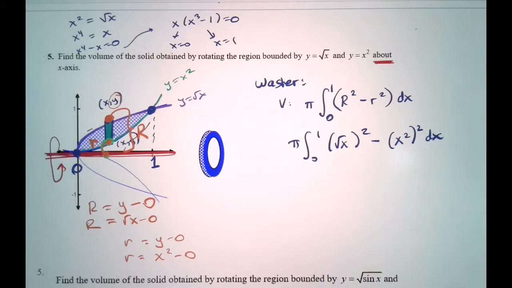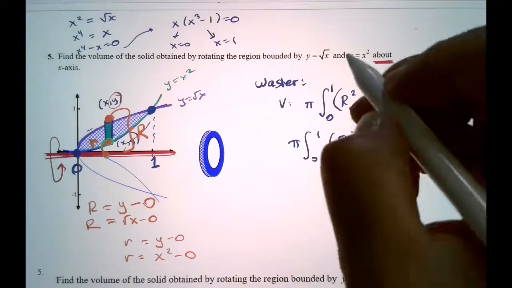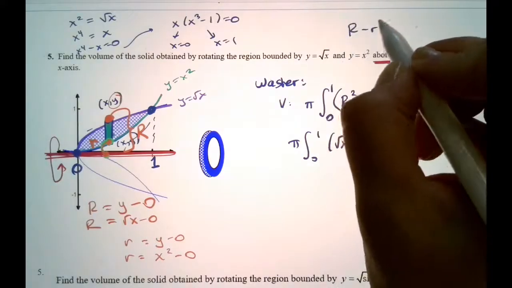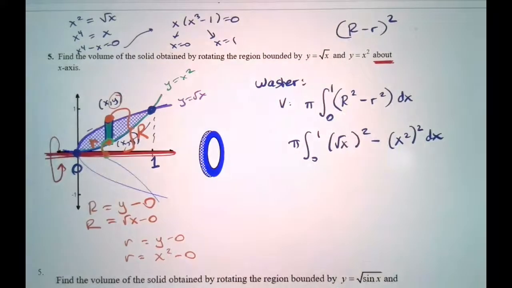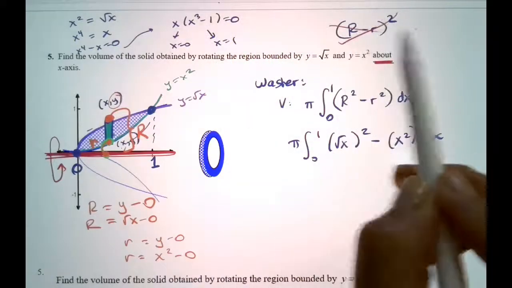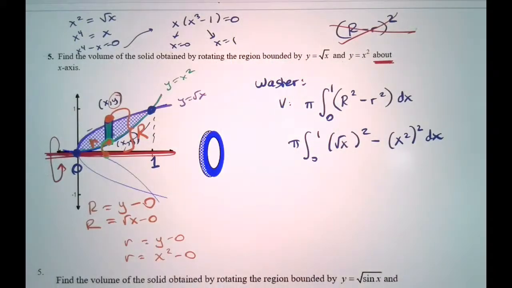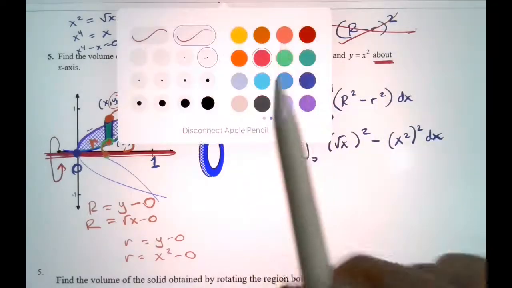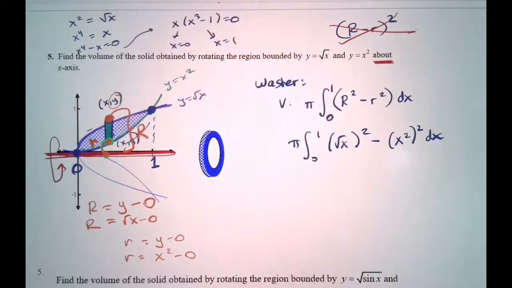Be really careful that you don't do something terribly wrong algebraically. I don't want you to do quantity squared. This is a huge mistake in the washer method, so do your absolute best not to do this. This is really, really bad. I'm going to put a line through it. Notice that your cap R and your little r are individually squared. So this is the integral that would represent the volume of this solid.